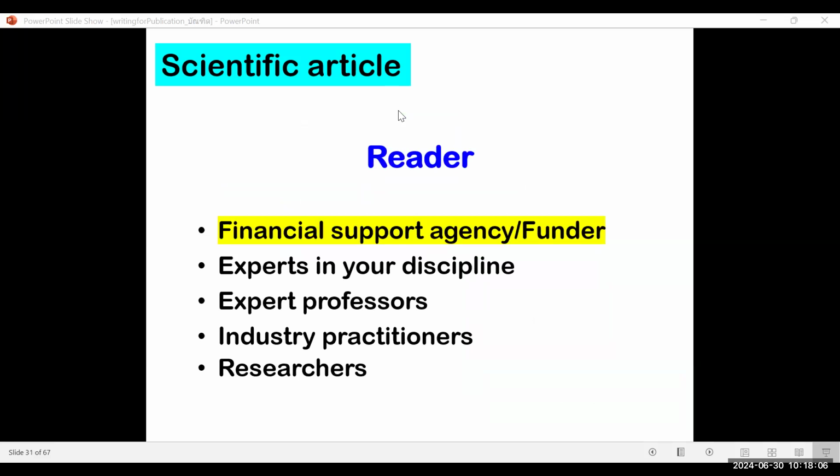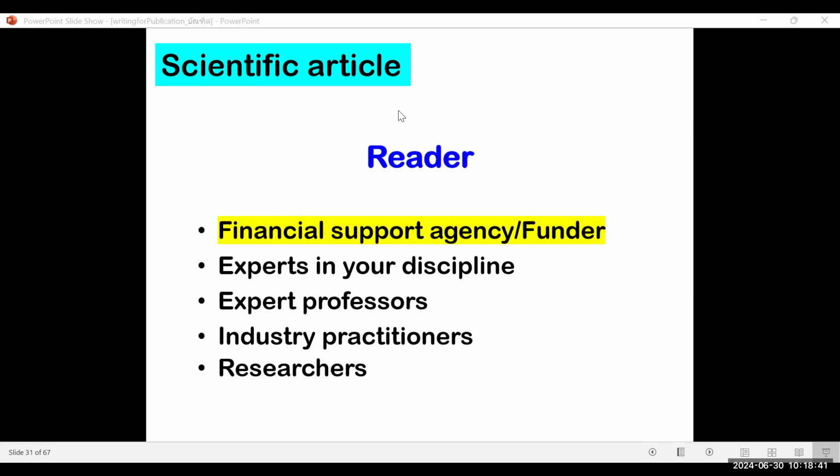Publication of your research work in the format of scientific articles will fit different types of readers. If you present your research result in a report, of course, your reader will be the financial support agency or your funders. But if you publish your work in a review article or research article, of course, your readers will be the experts in your discipline.